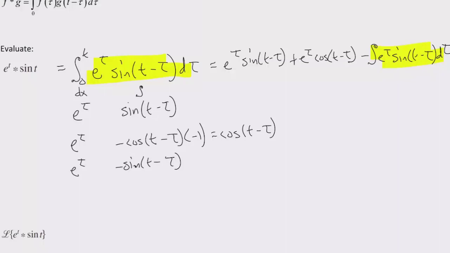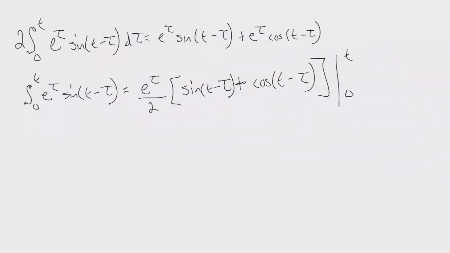Okay, let me clean this up a little bit, and then I'll show you what I'm talking about. So I'm going to add the two integral pieces together. Okay, so you can see that when I said clean it up, I brought the two integral terms together, which put a 2, so I ended up dividing both sides by 2, and now I just need to evaluate at t and at 0.